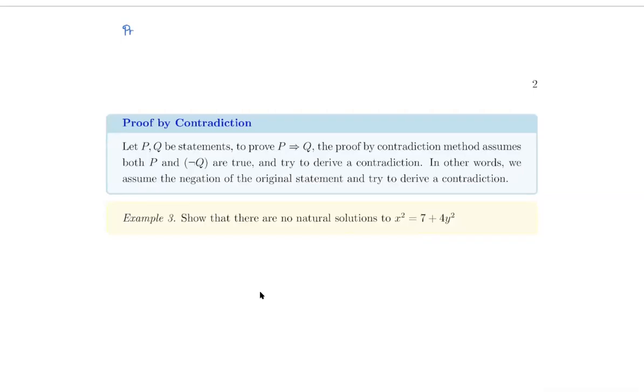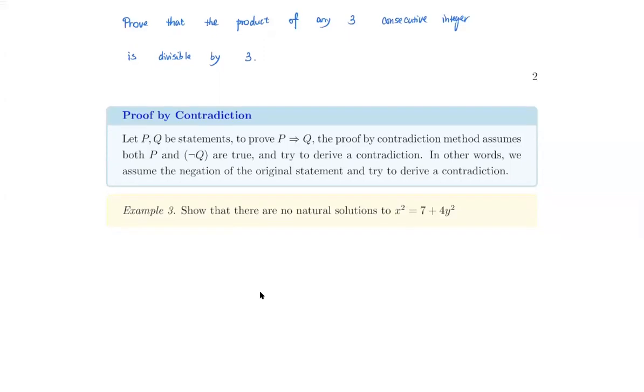Prove that the product of any 3 consecutive integers is divisible by 3. Okay, try to prove this. It's good practice, and good to know.